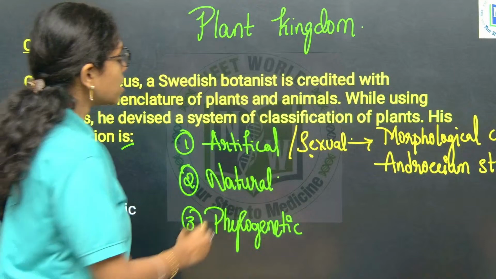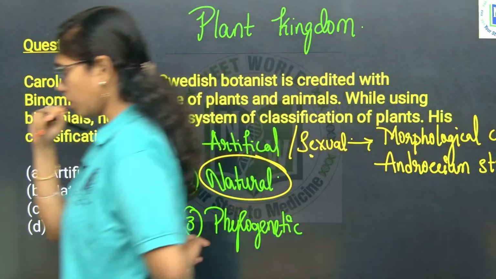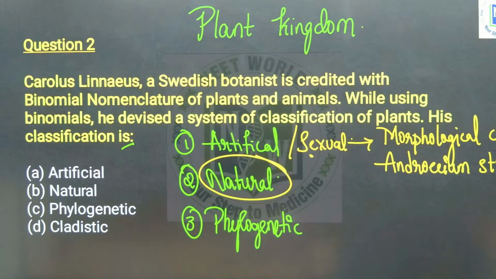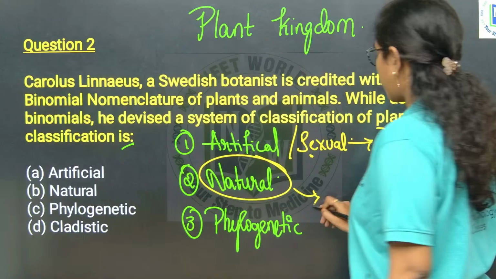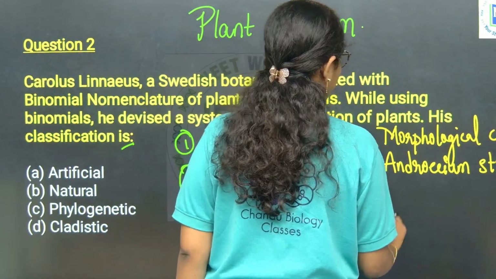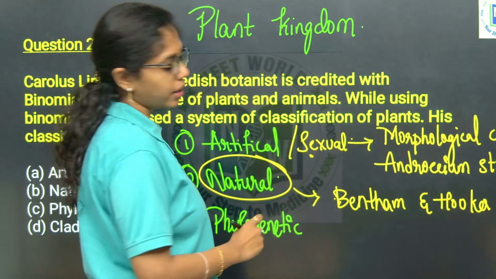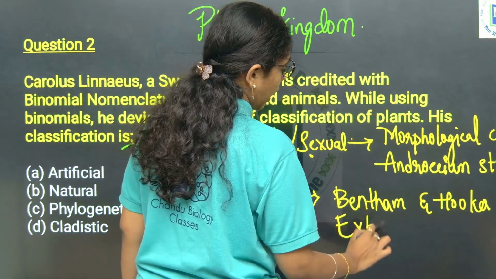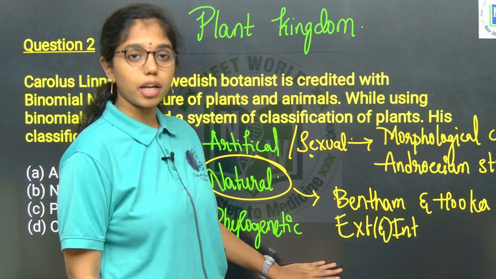Fine. Next is the natural system of classification. The natural system of classification is proposed by Bentham and Hooker, where they have considered both the external characters and internal characteristics of the plant. Next, the phylogenetic system of classification, which is proposed by Engler, Prantl, Hutchinson, Takhtajan.